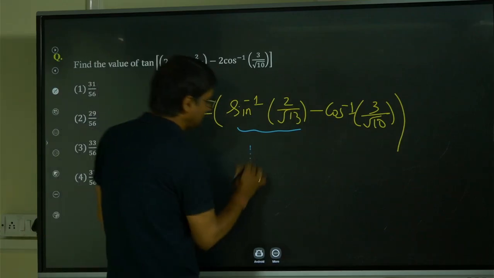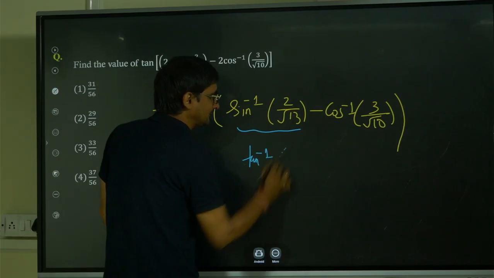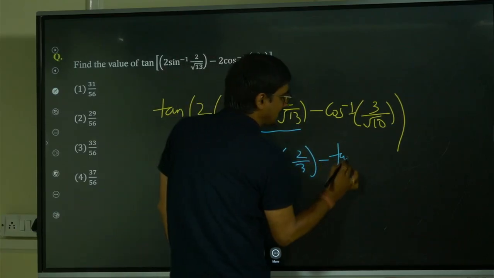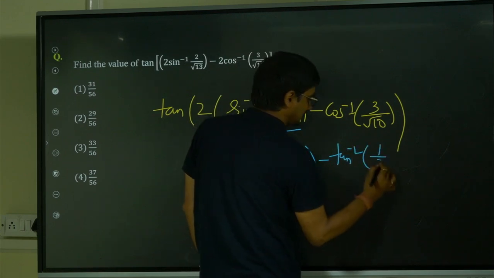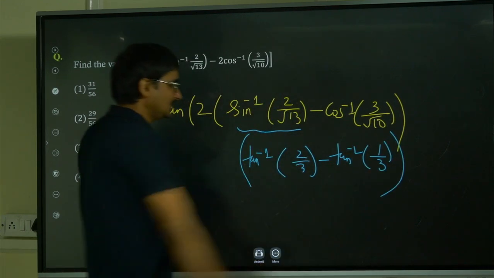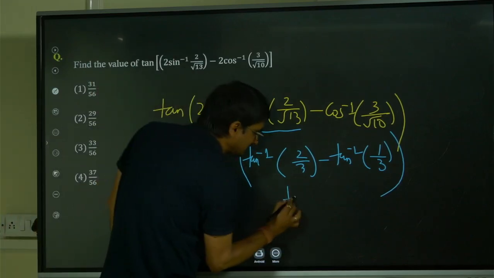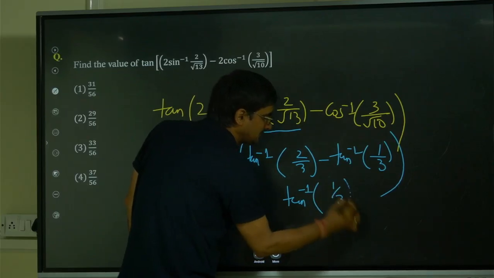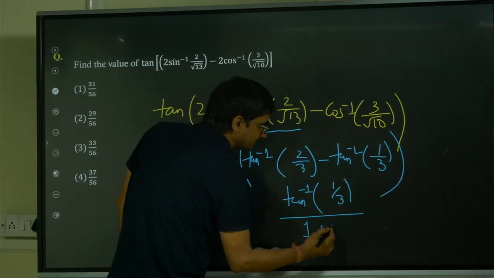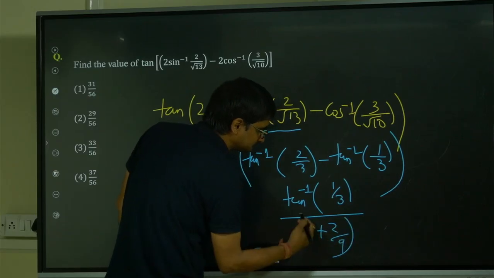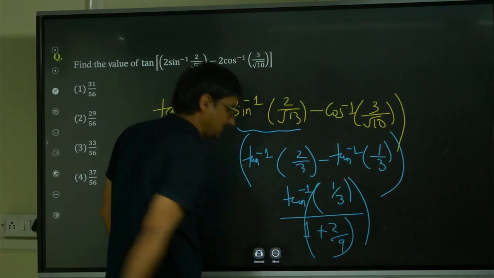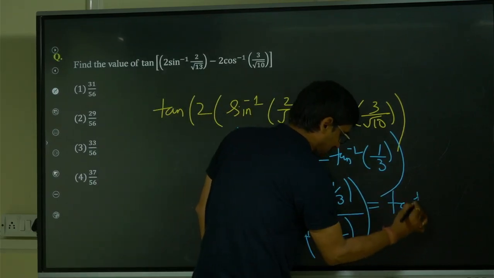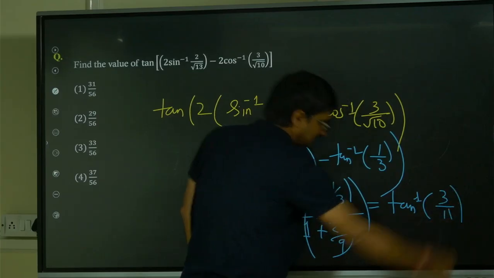So it will be tan inverse of 2 by 3 minus tan inverse of 1 by 3. Now apply tan inverse a minus tan inverse b, so (2 by 3 minus 1 by 3) upon (1 plus 2 by 9). So tan inverse of 3 by 11.